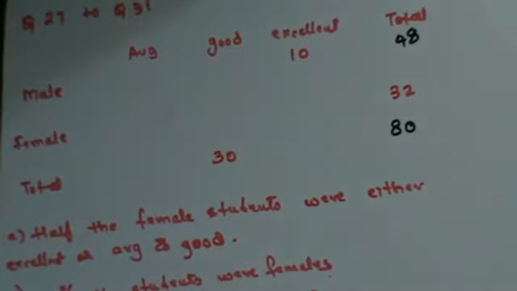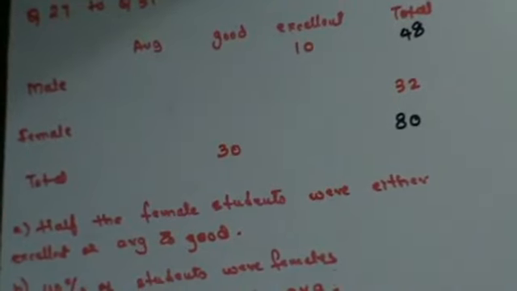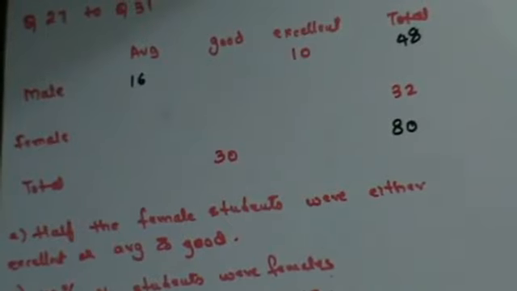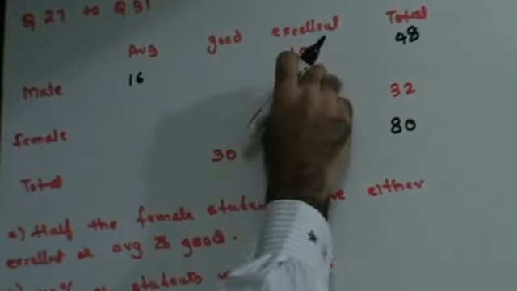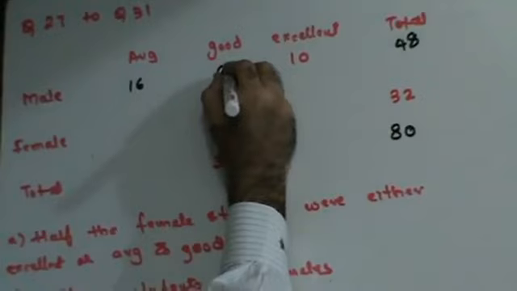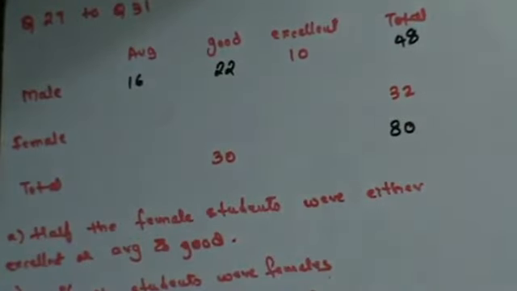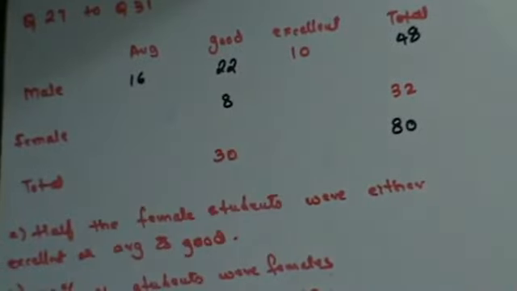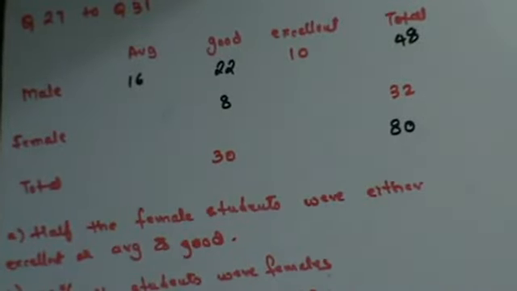Now, they have said that 1/3 of the total male students are average. So 1/3 of 48 is 16. 16 and 10 is 26, 36, 46, 48, so 22. If this is 22, that means this is going to be 8. Now, half the female students were excellent. Total female students are 32, half of them will be 16.